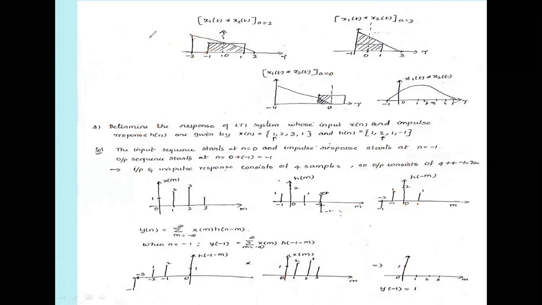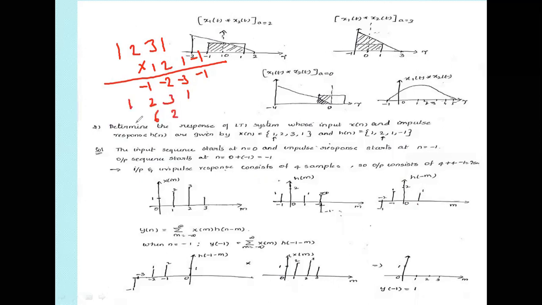Okay. So again I will explain properly the 1, 2, 3, 1 and multiply with the 1, 2, 1, minus 1. Multiply this: minus 1, minus 3, minus 2, minus 1. With 1 multiply 1, 3, 2, 1. With the 2, 2, 6, 4, 2.